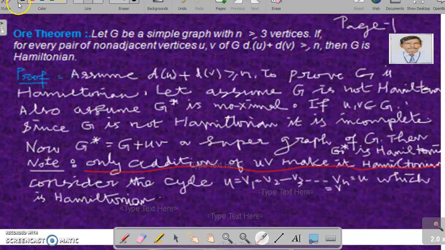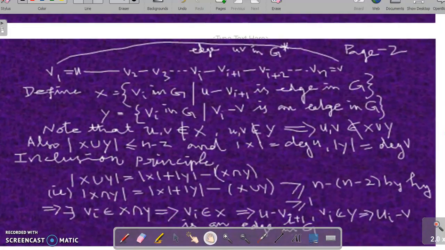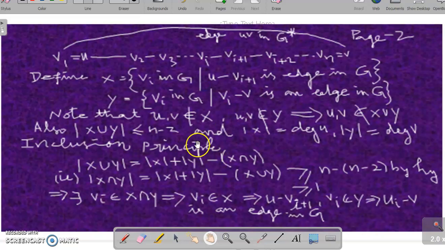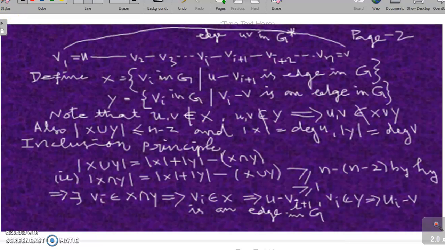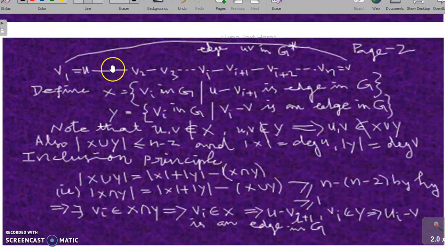Now let us go to the next page. Now that expression can be given like this: v1 equals u, that is the initial vertex, and v is the final vertex.